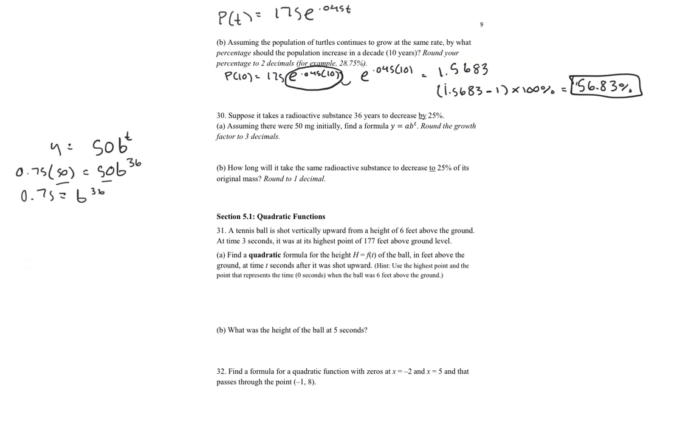All right, so then we can take the 36th root of both sides. I'll put that in my calculator real quick, 0.75 to the 1 over 36, we get b is equal to, and it says 3 decimals, 0.992. Okay, so then if we set that up as our equation, we'll get y is equal to 50 times 0.992 to the t.